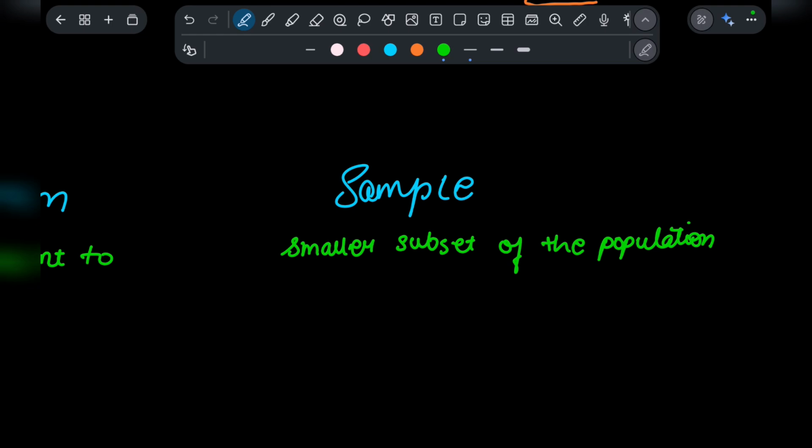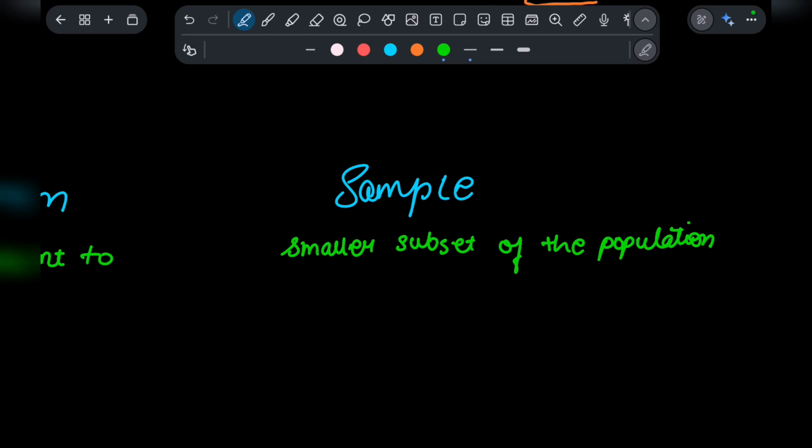So why do we use samples? Samples are used instead of studying the entire population because studying the entire population is too expensive, time consuming, or maybe impossible. You cannot take the height of 10,000 students, let's say.